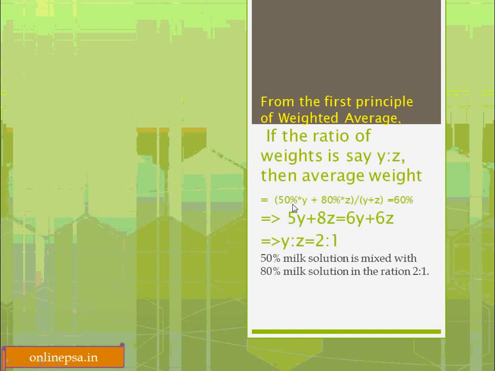We can cancel out percentage and zeros here to let the equation become 5Y plus 8Z is equal to 6Y plus 6Z.